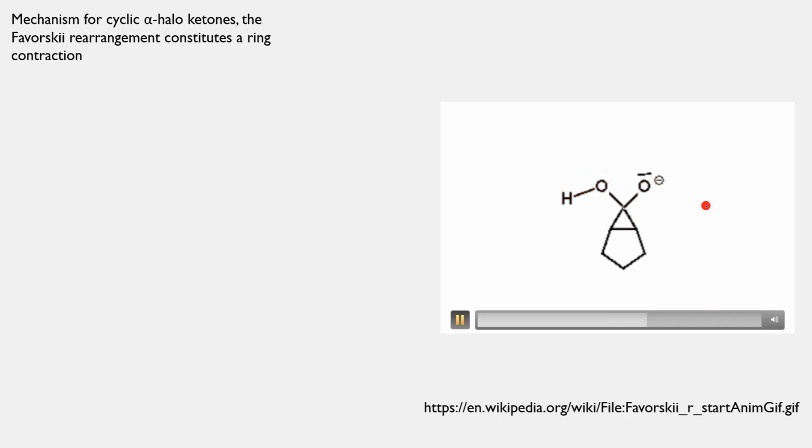Then that new carbanion is formed, and at the end protonation takes place. So beautiful animation. I got this from a GIF. I have also mentioned the link over here, and if you want you can see, or you can just skip and go ahead.